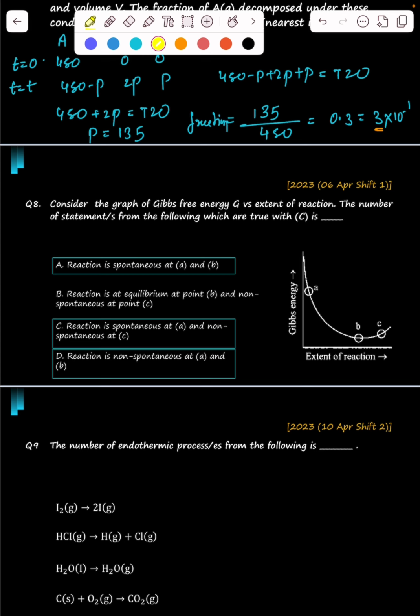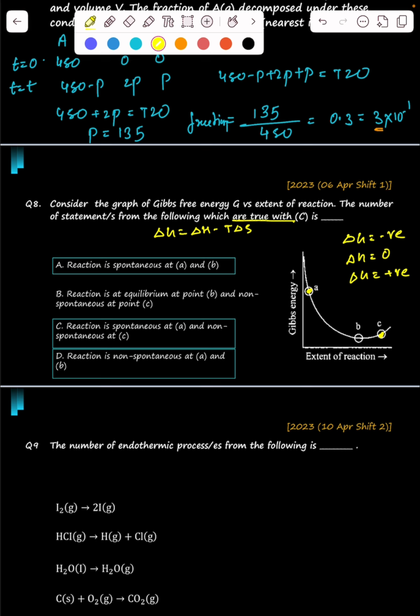The number of the statement from the following are true with C is... okay। ये तो पता है कि गिब्स फ्री एनर्जी पे क्या होना चाहिए, नेगेटिव होना चाहिए अगर स्पॉन्टेनियस रिएक्शन है। At equilibrium पे G वैल्यू क्या हो जाएगा, 0, और नॉन स्पॉन्टेनियस पे G कैसा होना चाहिए, पॉजिटिव होना चाहिए। सो एट पॉइंट A स्लोप इज गोइंग नेगेटिव। तो अगर हमारी इक्वेशन है G is equal to delta H minus T delta S, so reaction is spontaneous at A and B. We have to find out which are true with respect to the C.